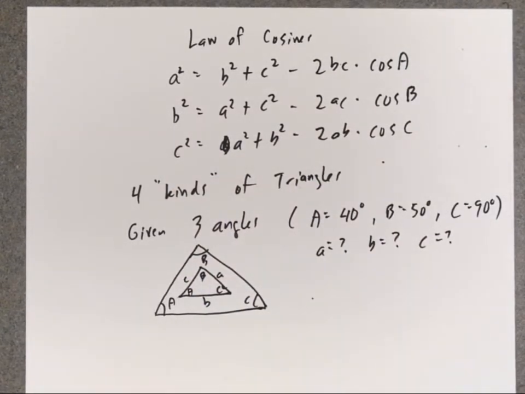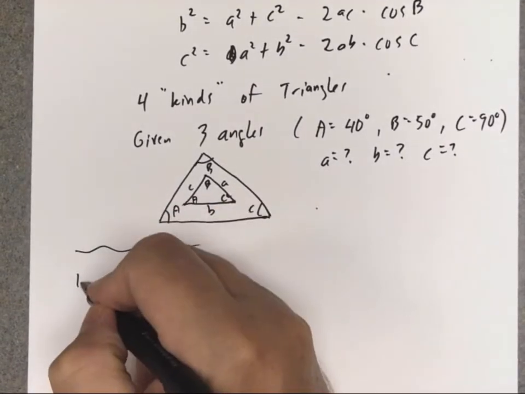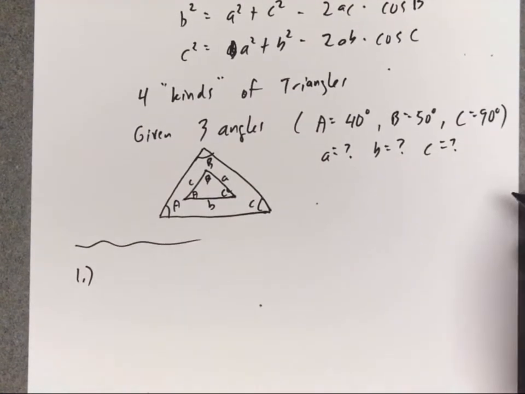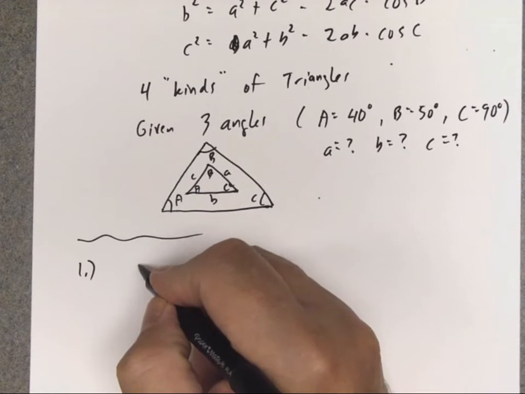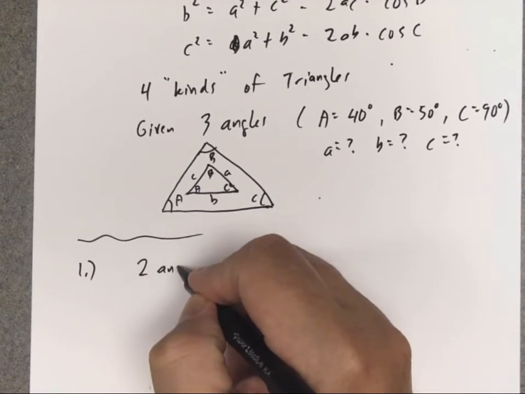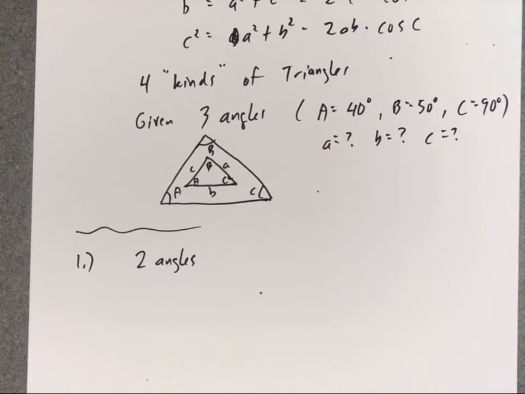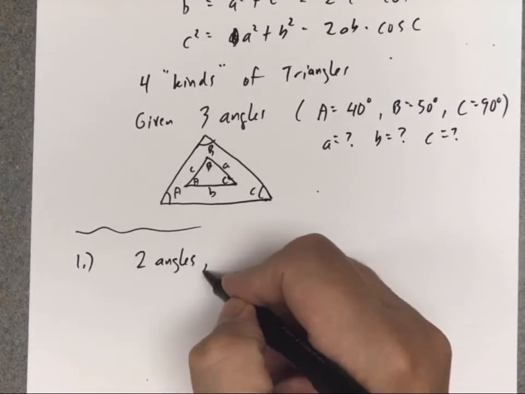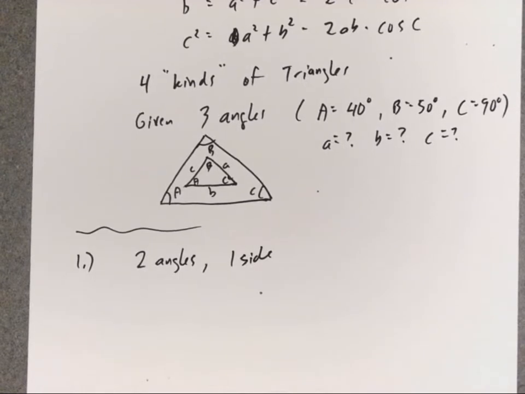So let's actually look at the cases where we can figure out the triangles. The first one, when they give you a problem, they give you two of the angles and one side.